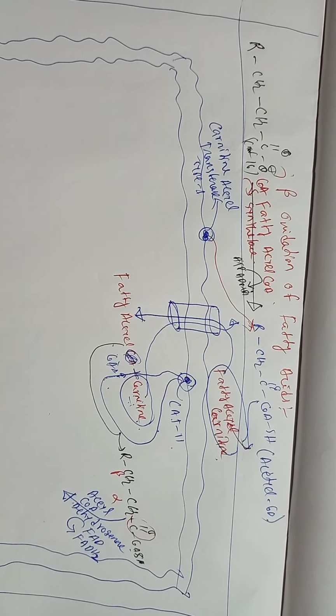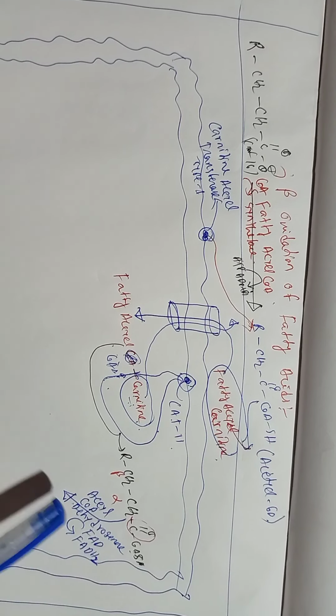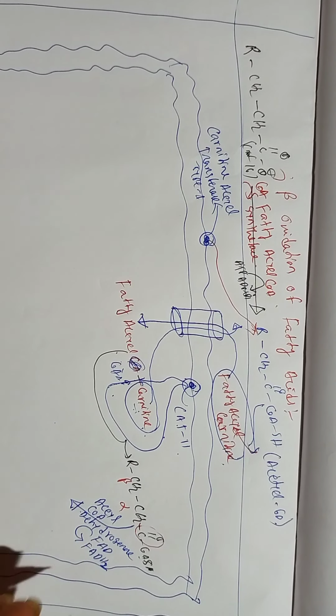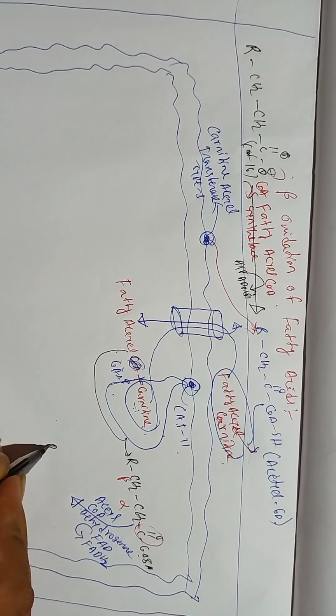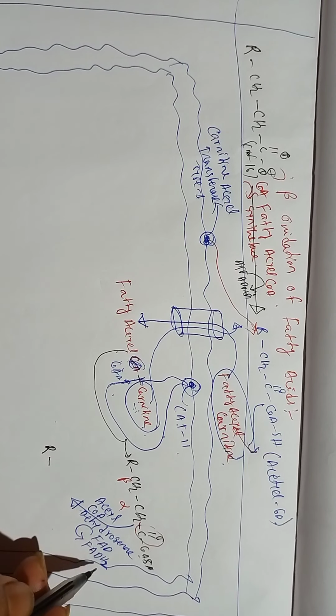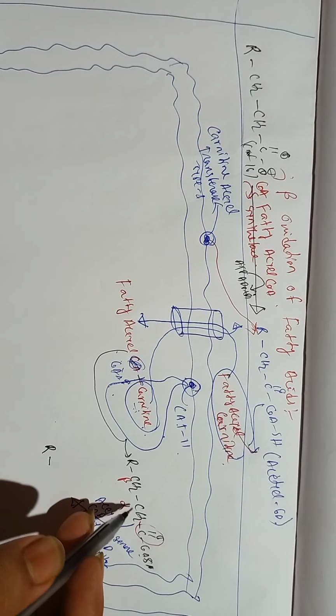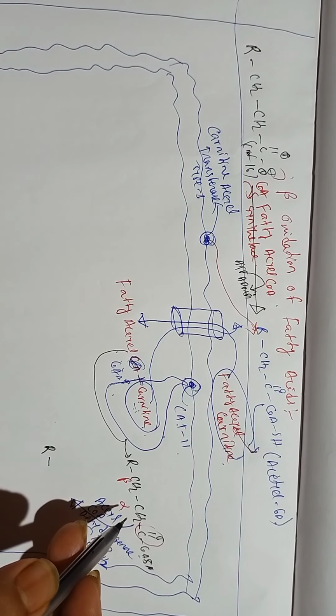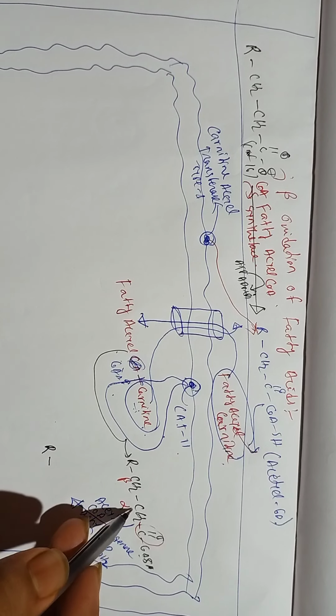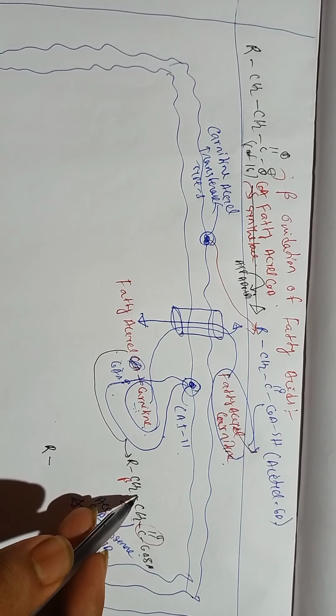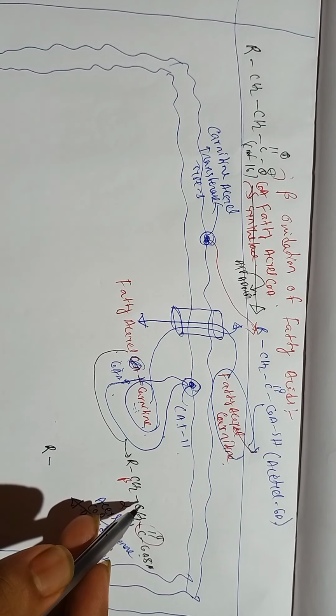Now by the action of the acyl CoA dehydrogenase on the fatty acyl CoA, what new compound are we going to have? I am writing the structure. With dehydrogenase we are removing hydrogen, and if we remove two hydrogens from this point, there will be a double bond.